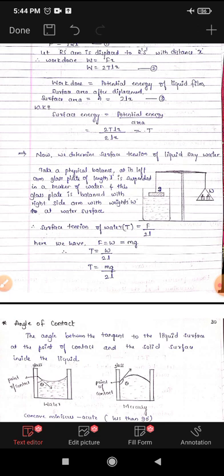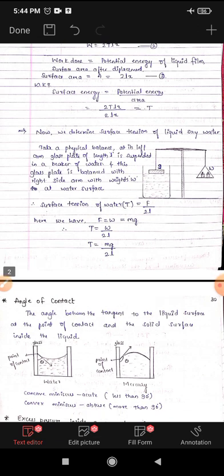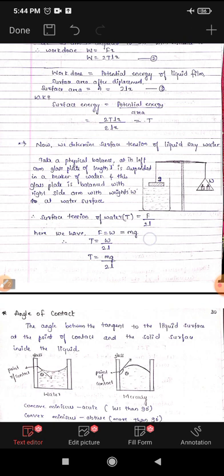Here we have taken 2 because we are not taking the length AB, but a glass plate which has the length 2L, so we have taken 2 into L here. The force is F is equal to W, that is M into G. Substituting this in the surface tension formula, we have T is equal to W divided by 2L, that is T is equal to mg divided by 2L. This is the surface tension of the water.